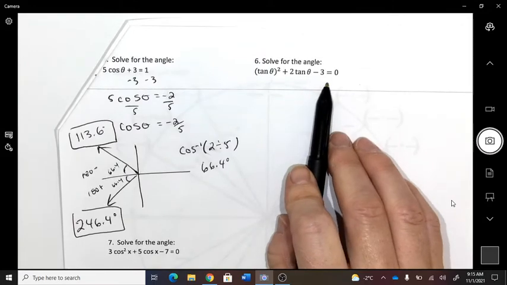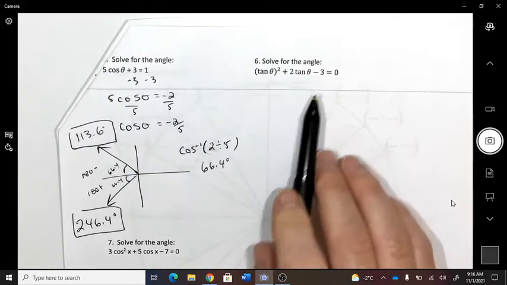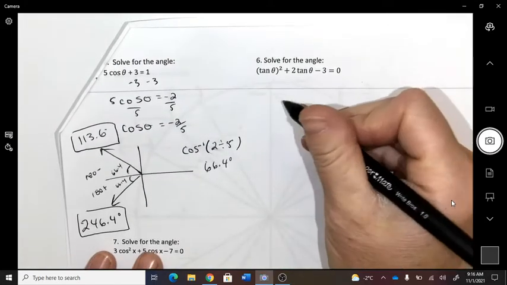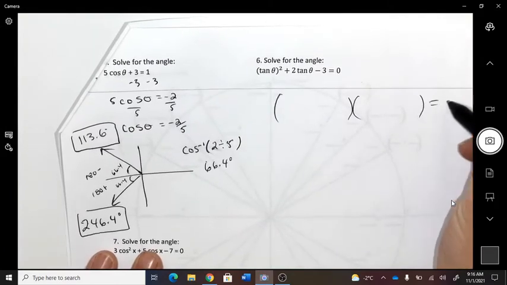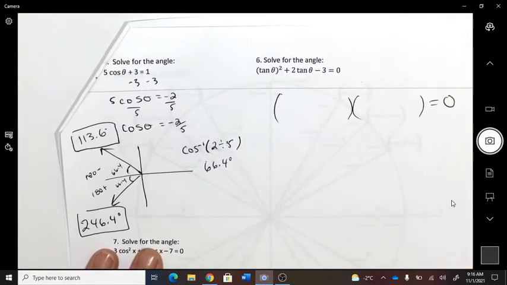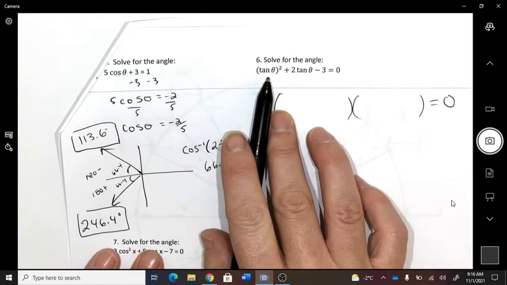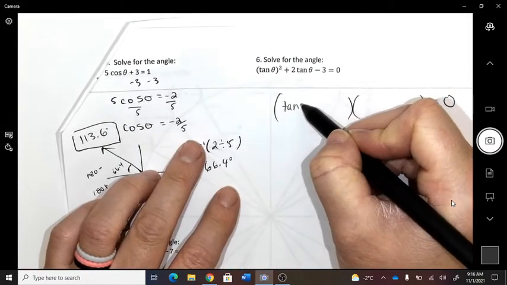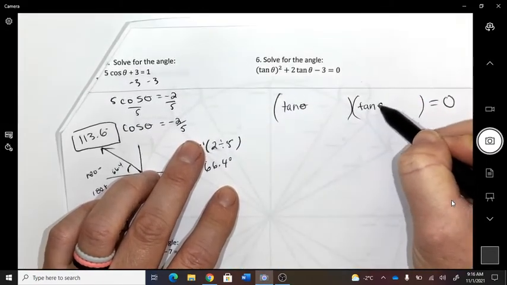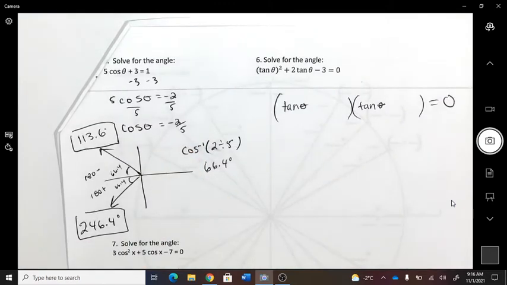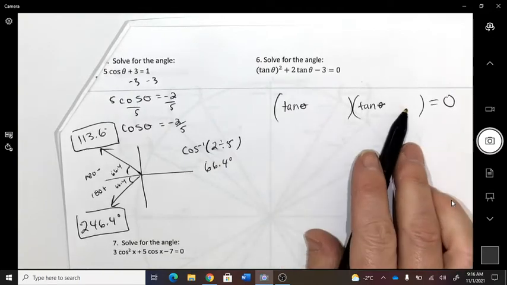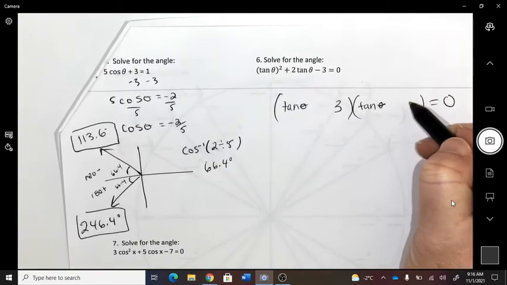Simple trinomial factoring? Do you see it? Okay, so I'm going to go 2 brackets. To get the tan squared, I'm going to go tan angle, tan angle. To get the 3, I'm going to times 3 and 1.